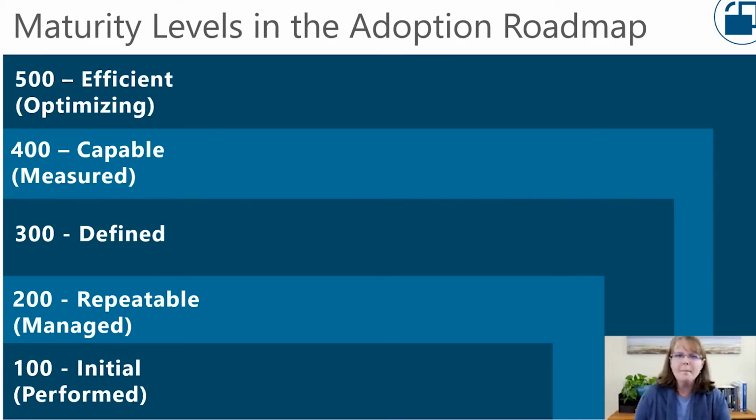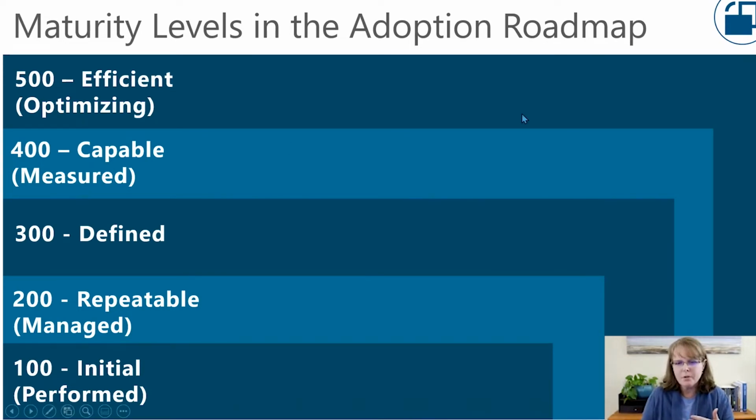So we did not make these up. And the idea here is if you're thinking about improving governance and improving any of those areas of organizational adoption, it's really helpful to know where are you at now and where do you really want to be.